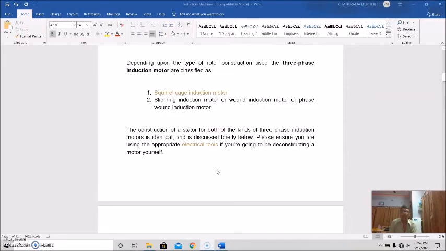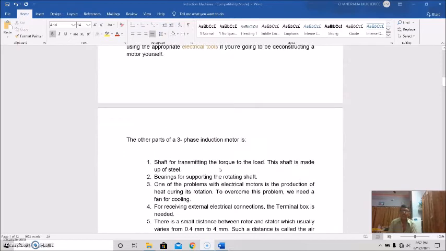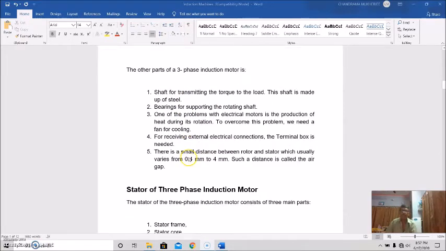We'll see in what material these parts are made, why, what is the reason behind the selection of this material, and so on. So the two major parts are stator and rotor, and then other essential parts like shaft, bearing, fan for cooling purpose, and the external connection box.